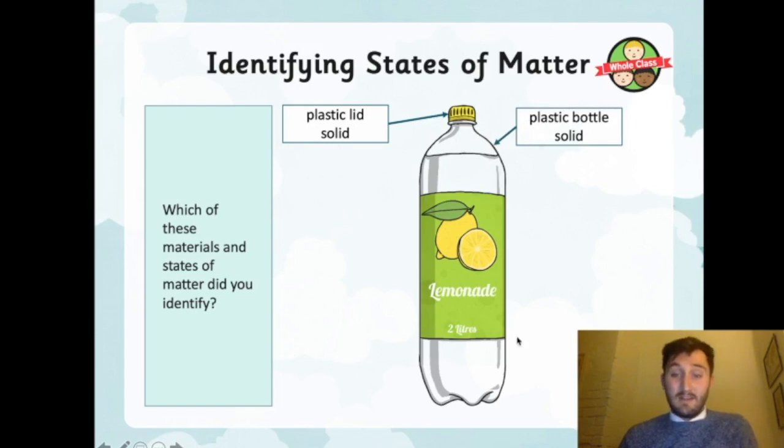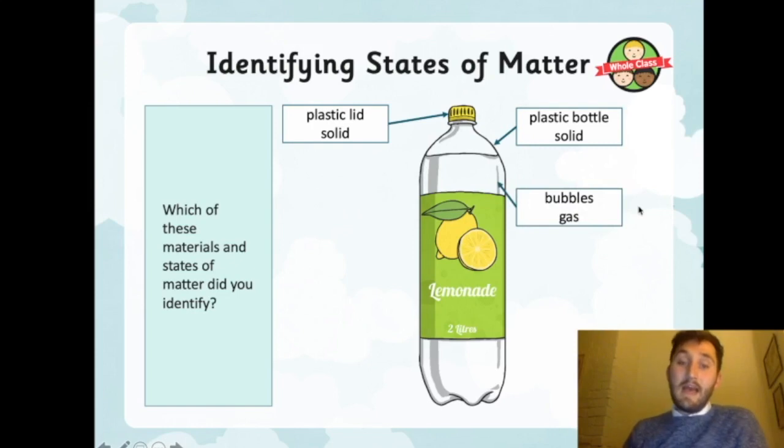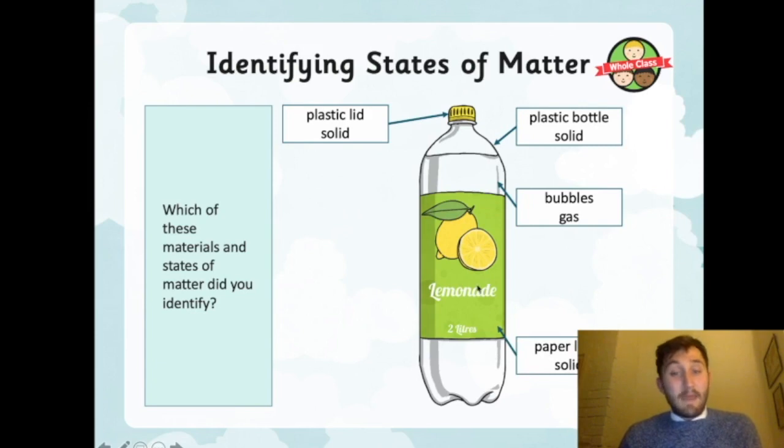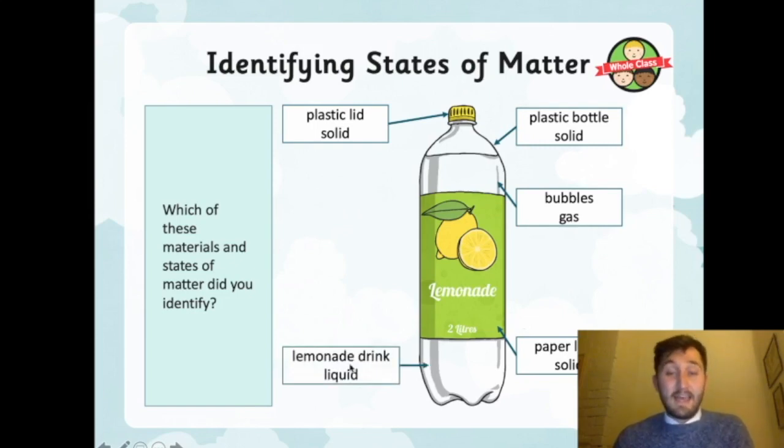That is a solid. So the container that it is in, solid. As this is a fizzy lemonade, the bubbles inside the drink, that is a gas. The paper label on the outside, so we can easily say it's a lemonade, that is a solid. The actual drink of lemonade, that is a liquid.